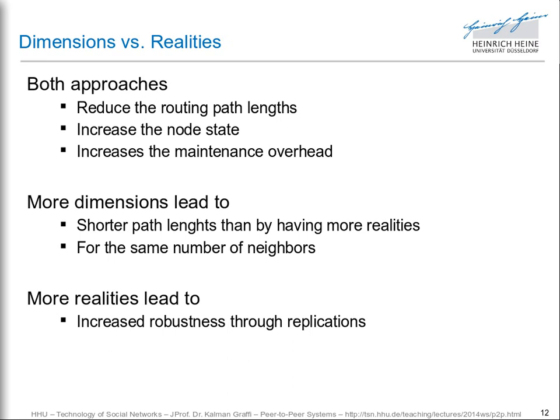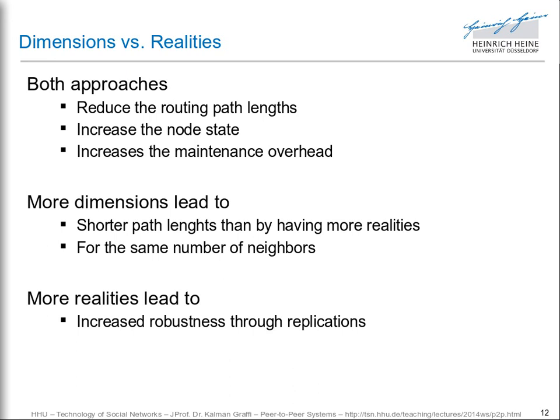So now we want to compare the dimensions versus the realities. Yes, both approaches reduce the routing path length, and they increase the node state and the maintenance overhead, as a node has to save more contacts in different dimensions or realities. Yes, and one more dimension leads to shorter path lengths than having more realities.